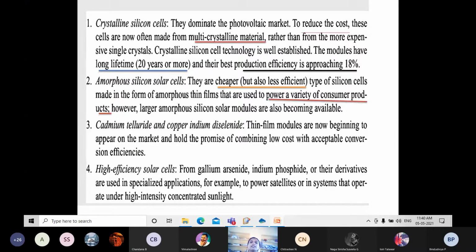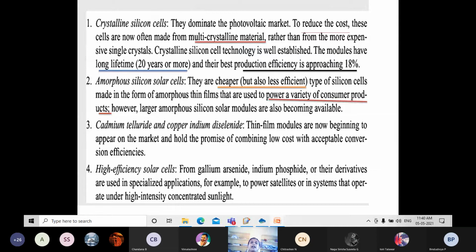Instead of using the expensive single crystal, they are using multicrystalline material. So these modules have a long life, 20 years or more. When you come to efficiency, it is 18%.